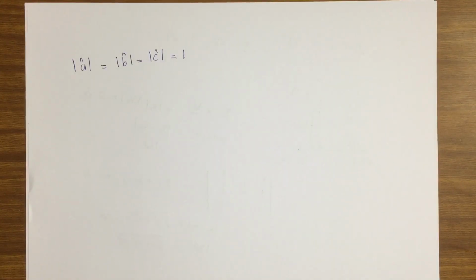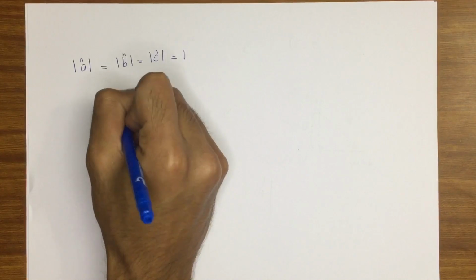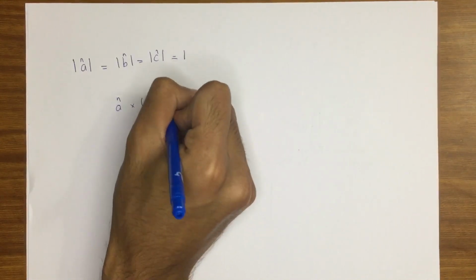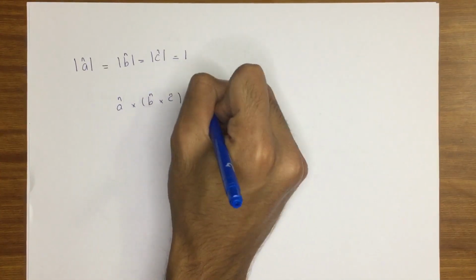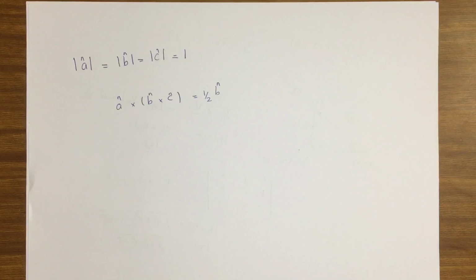In the next line they have given the data a cross (b cross c) equals half b. Find the angle between a and c. So they are asking about the angle between a and c.